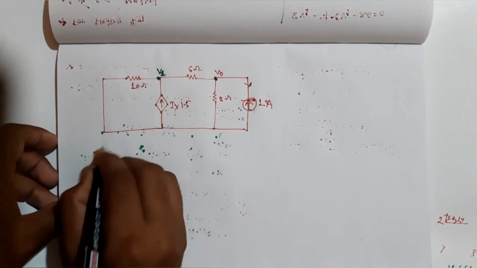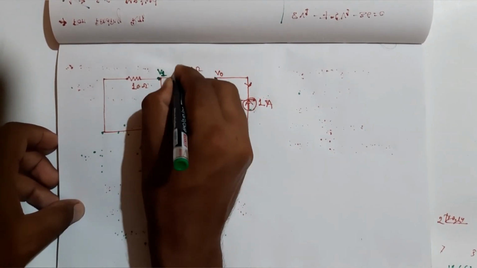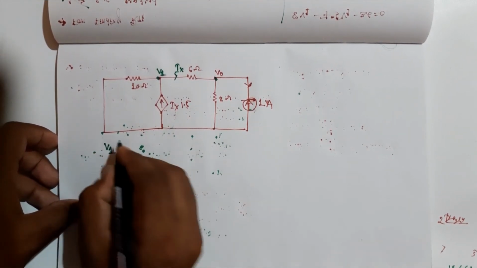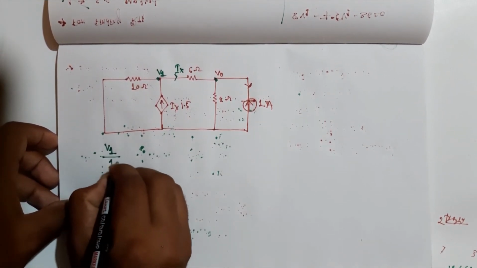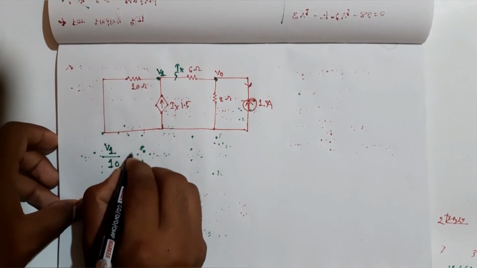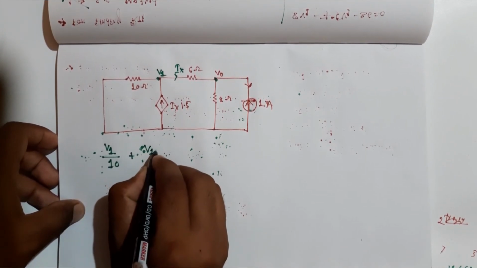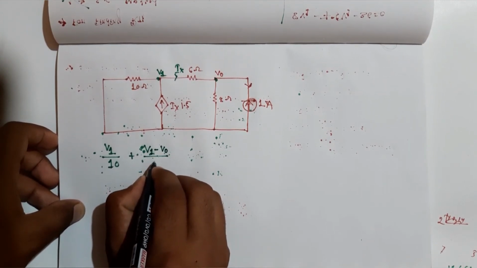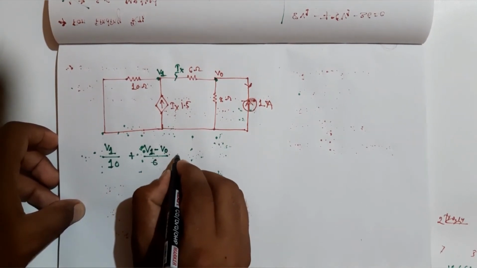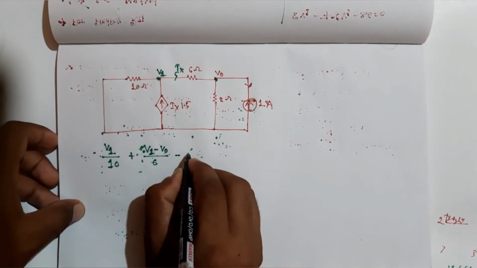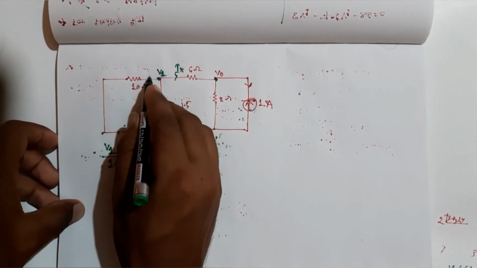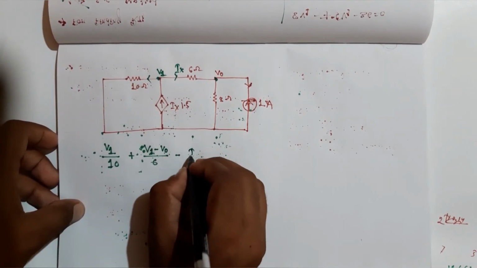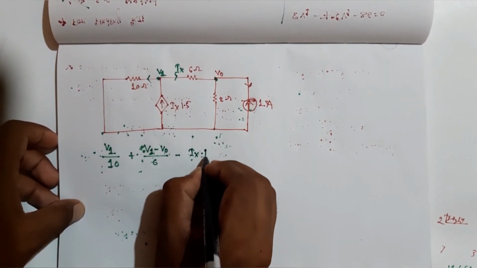First node 1. This is IX. This is V1 divided by 10, plus V1 minus V0 divided by 6, and then minus, because the current direction is upward, IX into 1.5.